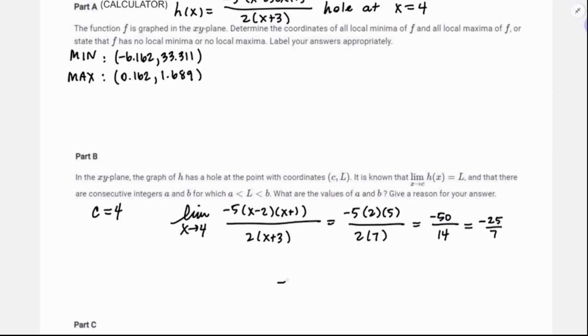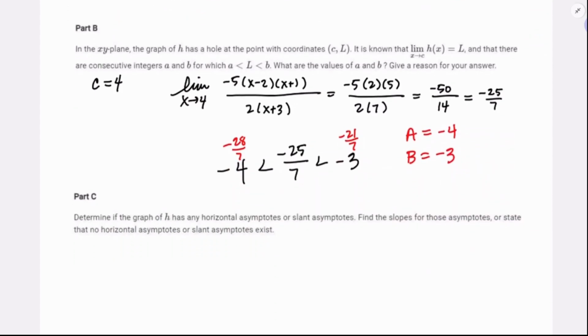So negative 25 over 7 is going to be between negative 4 and negative 3. Which I might label as negative 28 over 7 and negative 21 over 7. All right, and so the values of a and b are negative 4 and negative 3. And the work I've shown here is the reason for my answer.